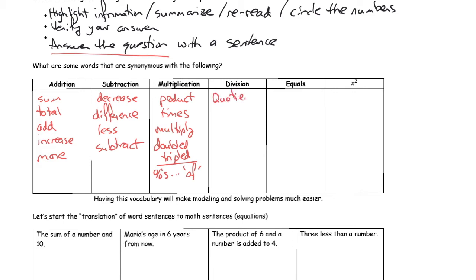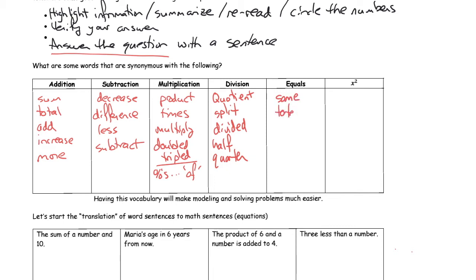Quotient for division. Split. If we're going to split things into groups of a certain size, the word split is going to mean division here. They might use the words divided by, or half, or quarter. Words like that. If I want to apply equality, we might say that two things are the same.